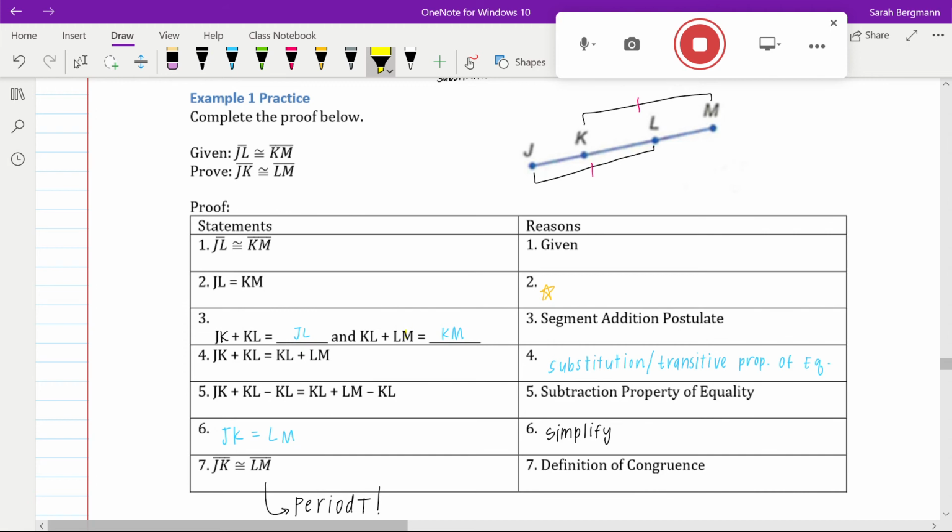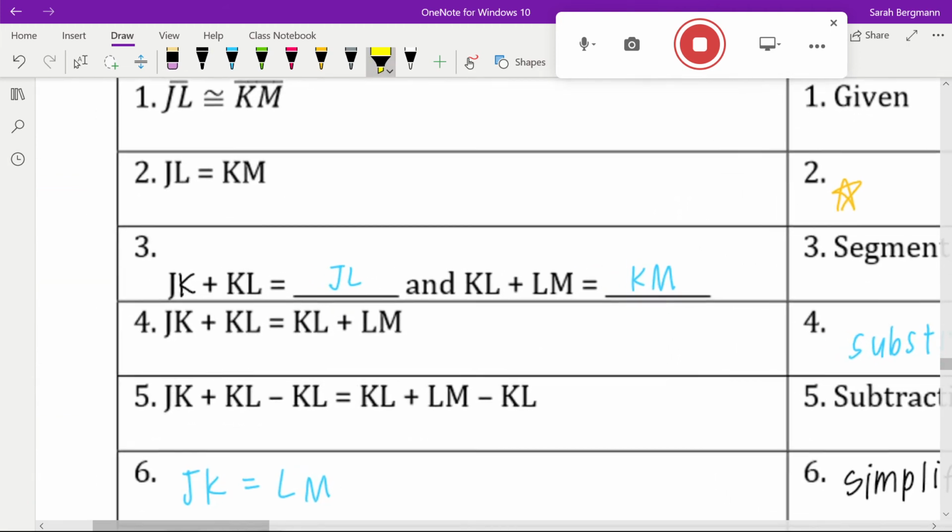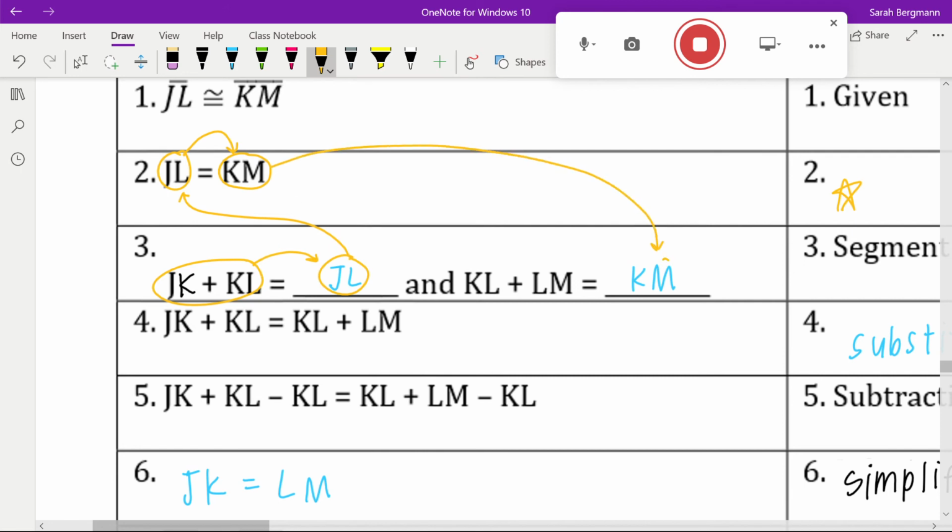The next step is a little bit difficult. Let's go over this. So we have JK plus KL equals JL. But I know that JL is equal to KM. However, I know also that KM is equal to KL plus LM.